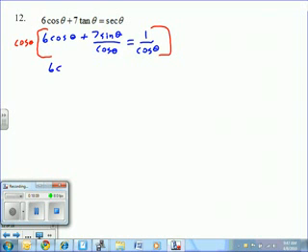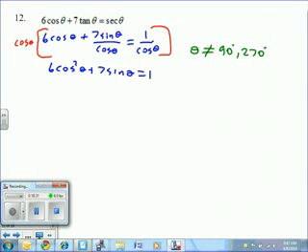And you get 6 cosine squared theta plus 7 sine theta equals 1, but you also have to make sure that cosine theta never equals 0 because it's on the bottom of the fraction. So we write a little note. What would make cosine theta 0? What angles? 90 and 270. So I write a little note off to the side so I know at the end I need to check to make sure 90 and 270 are not one of my answers.